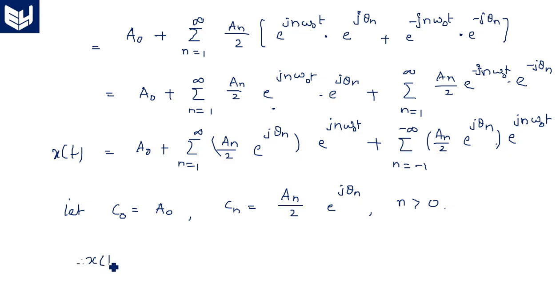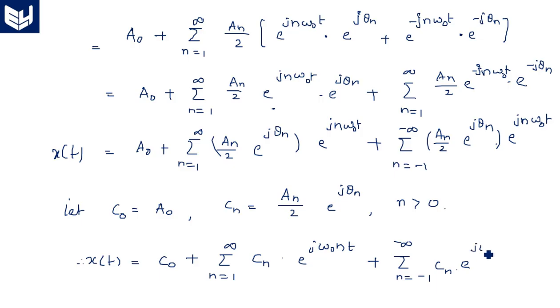So what happens now, x of t is equal to c naught plus summation n equal to 1 to infinity, this part we have taken as cn e power j omega naught n t, plus summation n equal to minus 1 to minus infinity, it is also cn e power j n omega naught t.